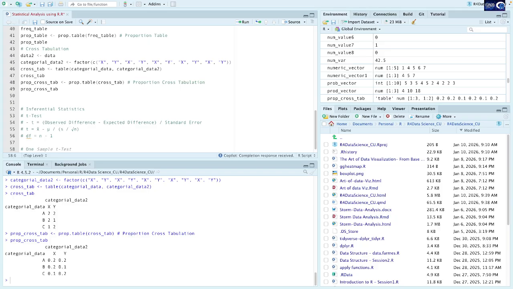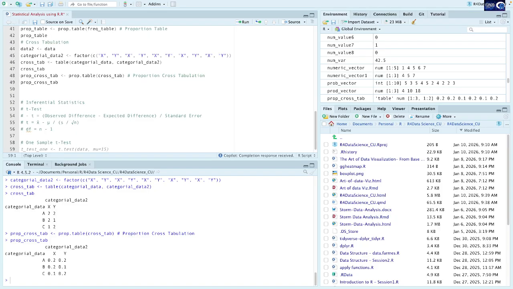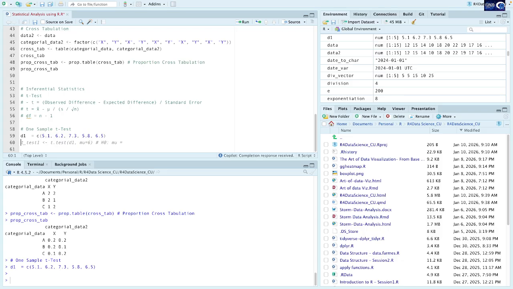First we will start with the one sample t-test. I'll put in a sample data, d1, so I can do the t-test with this. Here the hypothesis will be H naught: mu equal to 6, and the alternative hypothesis will be H1: mu not equal to 6.